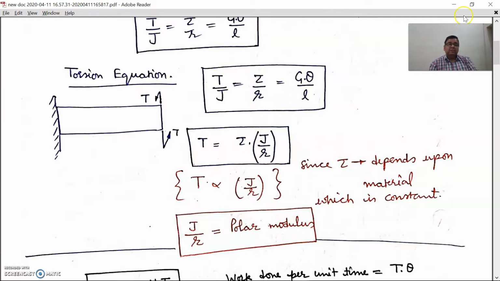See how it works. Now I have the liberty: the area of cross section of the shaft is fixed, and let us say the length of the shaft is this only. This is circular.